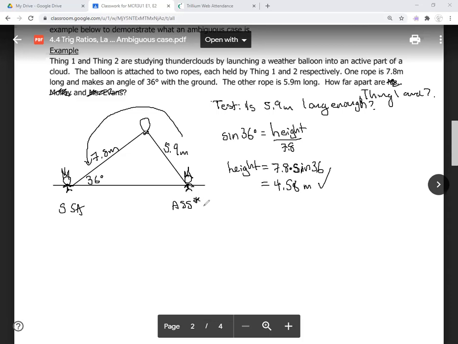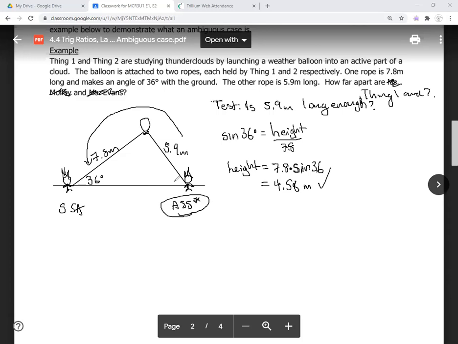A lot of teachers won't like to write that, so they say SSA. But why I appreciate this acronym is because it will help you recognize that this is one of the grade 11 cases. When you get ASS, it is an ass of a problem because it's what we call an ambiguous case.